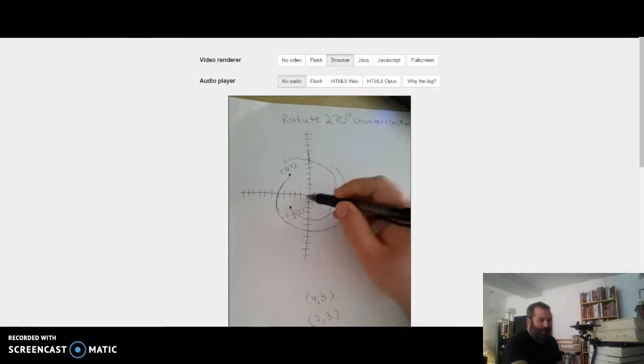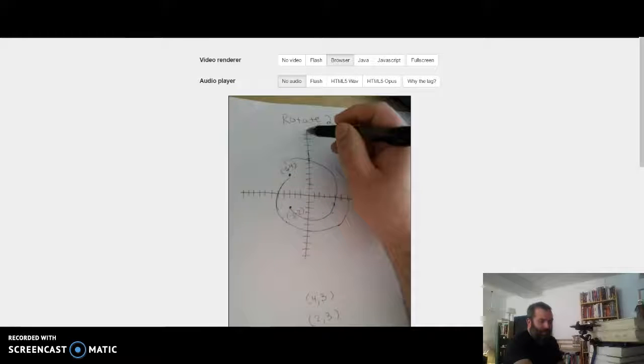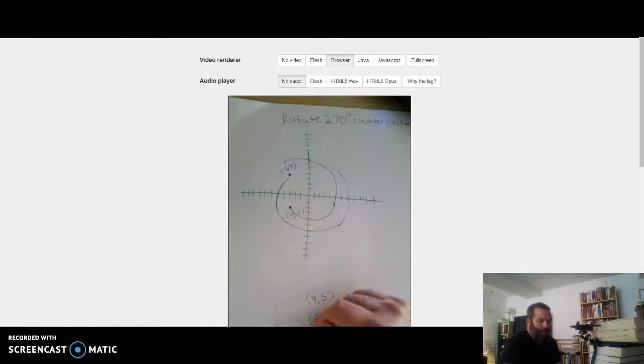This quadrant has a negative x and a positive y. Therefore, that x has to be negative and the y has to be positive. So that point, if you rotate it 270 degrees, is going to be at these coordinates here. And that's how you rotate a point 270 degrees counterclockwise.